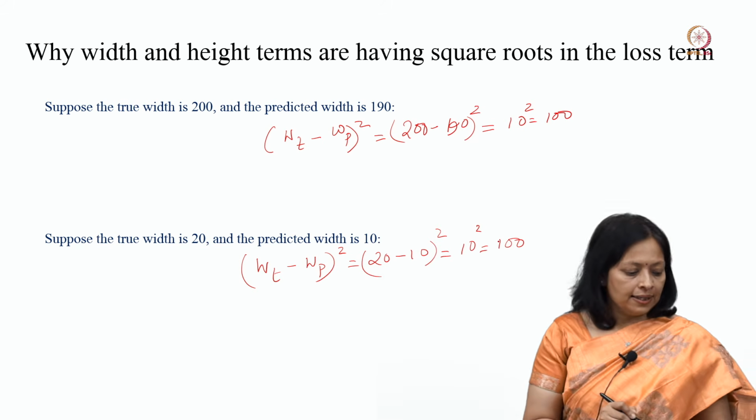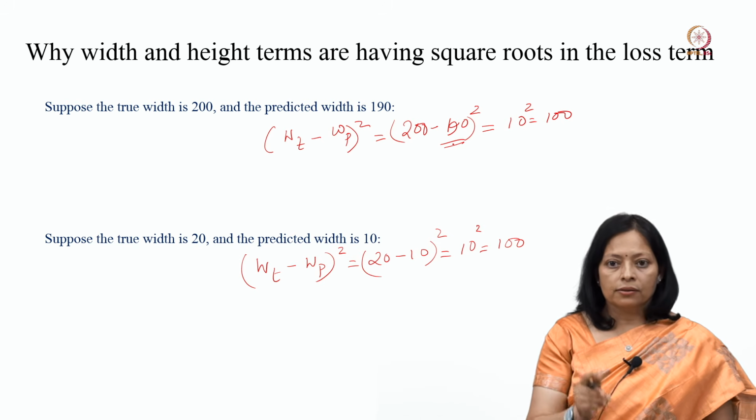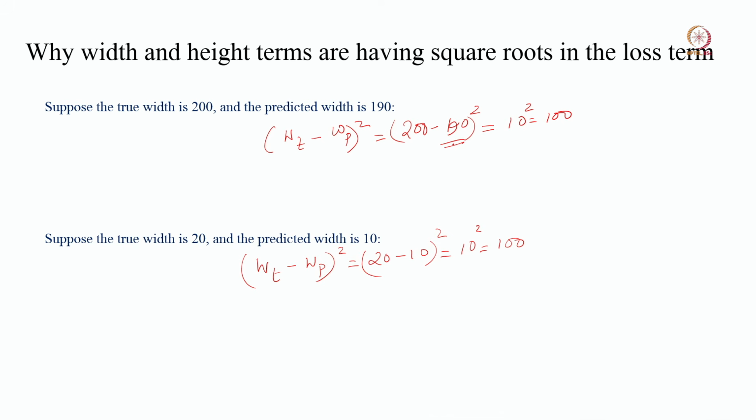But if we see here, this is a very small error, around 5% error, whereas this is 50% error, but both are giving the same loss.